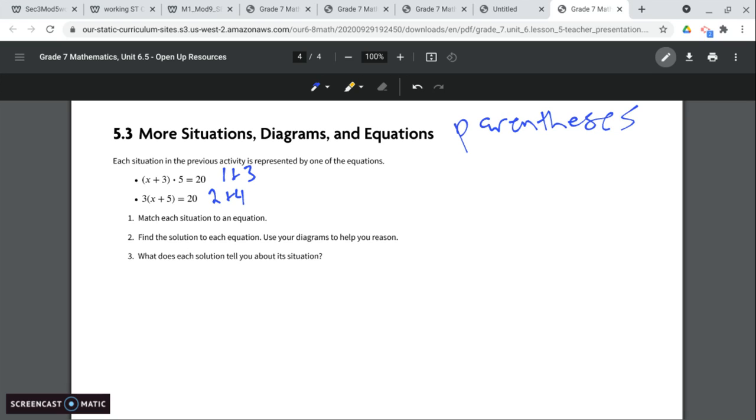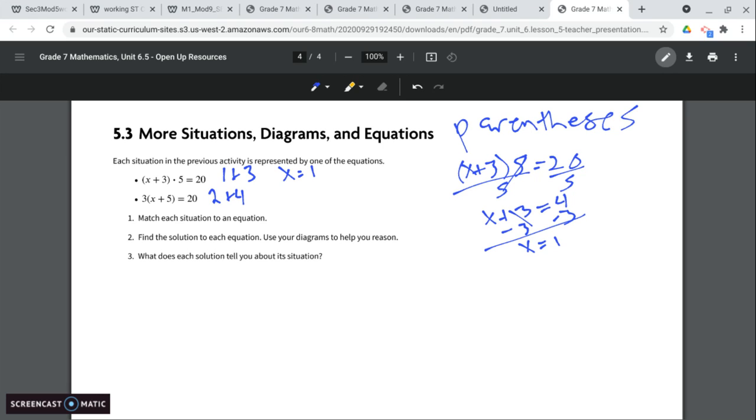So finding the solution, we have X plus 3 times 5 equals 20, divide by 5, X plus 3 equals 4, subtract 3, X equals 1. And for the second one, 3 times X plus 5 equals 20.